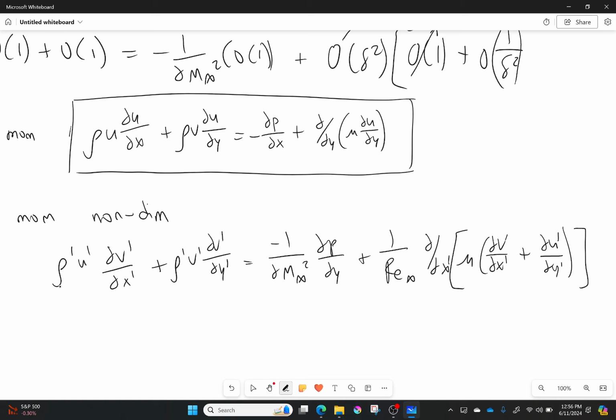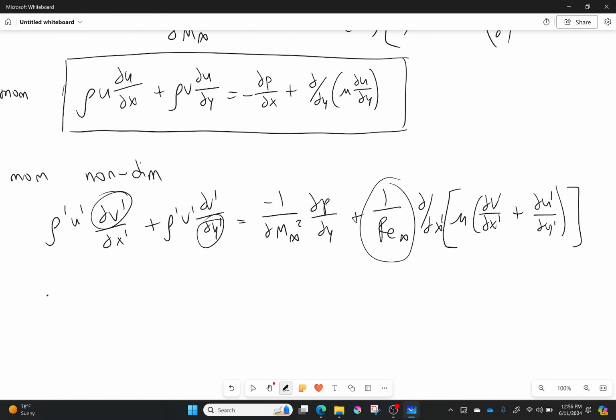Okay, so first off, rho, u, dx, all of those guys, they are on the order of 1. dv and dy, those are on the order of delta. This guy's on the order of delta squared. And so using that, I can go through this and write this pretty quickly and see what's going on. So I have order of 1, that's the density.